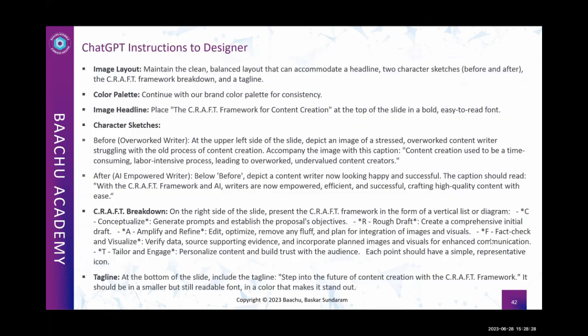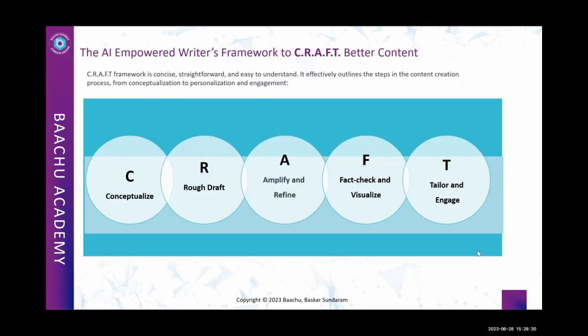What I did was I shared that I've created this framework and I just want a graphic that represents this, clearly telling what happens to the proposal writer before and after using this framework. We have something called the BAB framework, the before and after framework, and I asked to use that BAB framework to clearly explain how CRAFT is going to improve this.